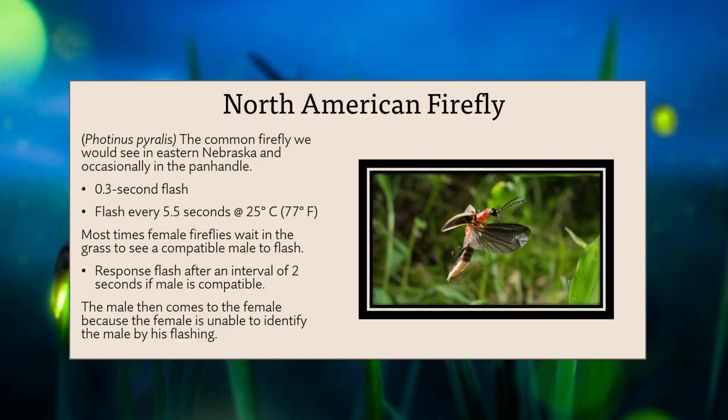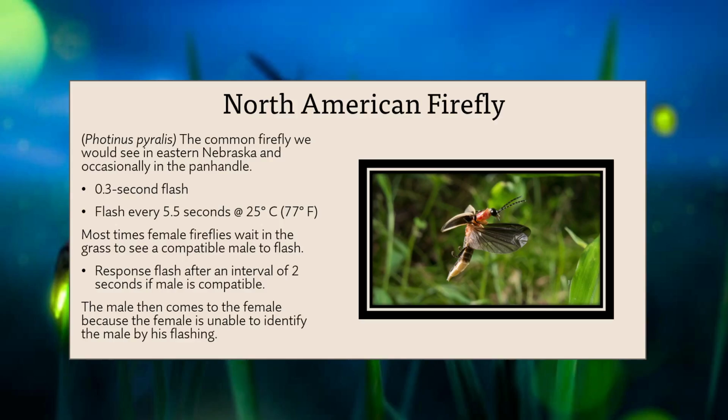As you know, their flashes are very fast. 0.3 of a second for just one flash. And then, when you're out there looking for them, you're like, okay, where'd they go? They disappear for a few seconds and then they flash again. It takes 5.5 seconds for a North American firefly to flash again.